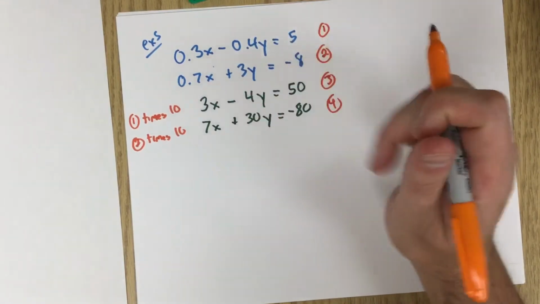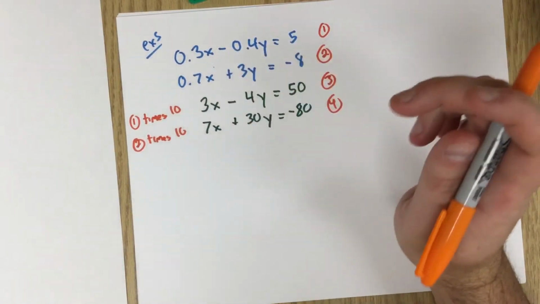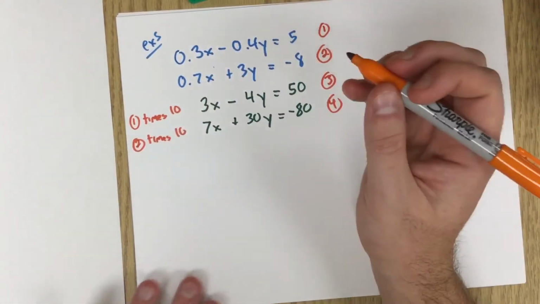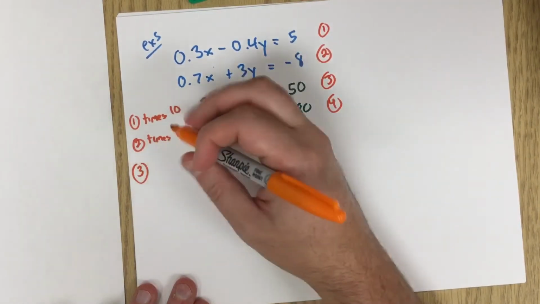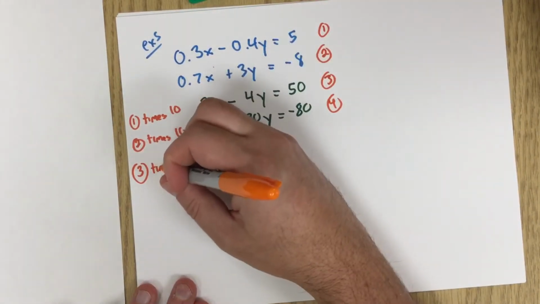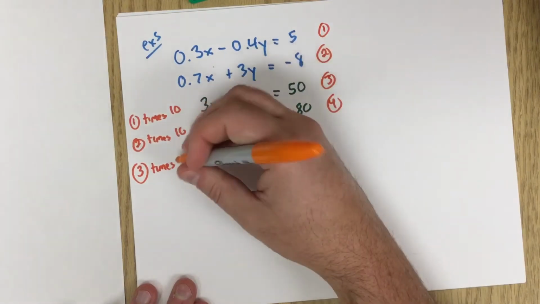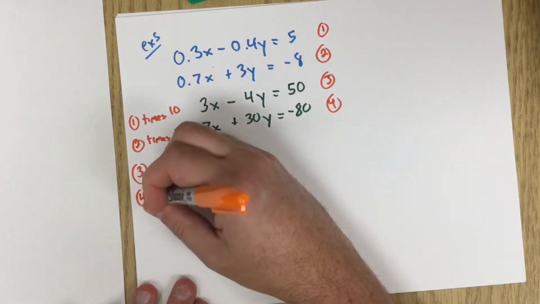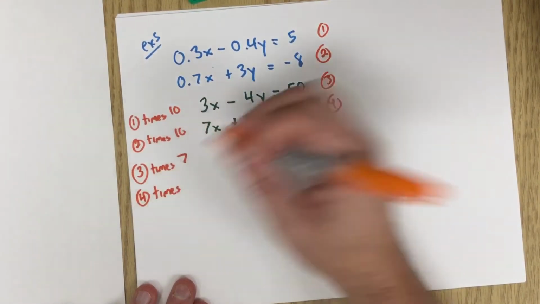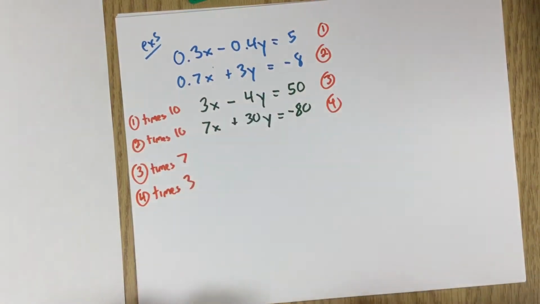That looks a little big to be multiplying, so I think I'll make the x's the same. So what we're going to do is we'll do equation 3 times 7, and equation 4 times 3. Let's get a new color out for this one.